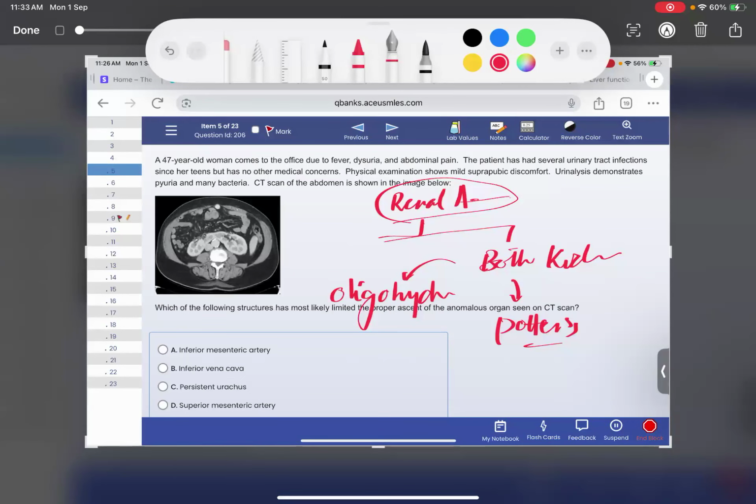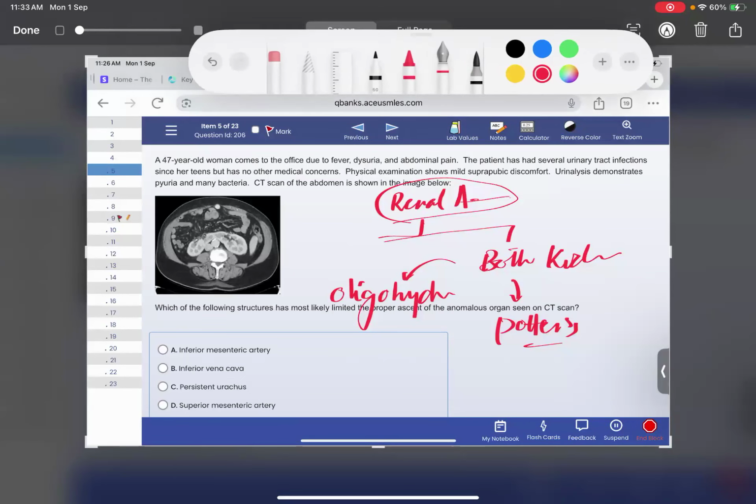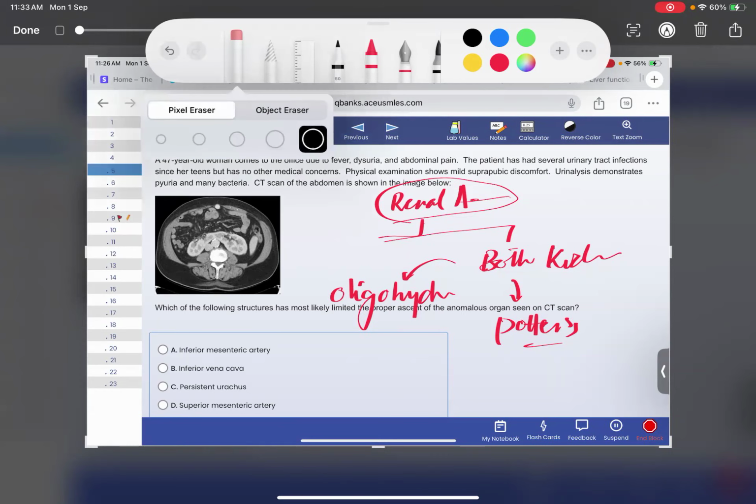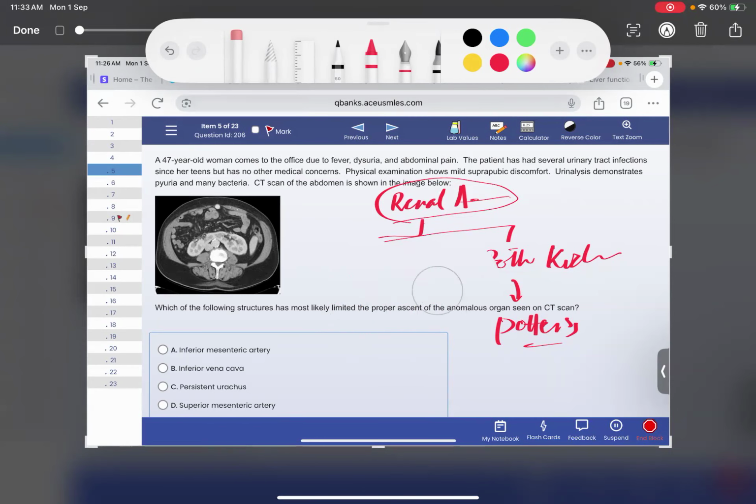We are going in order, so you will be remembering all the sketch, right? I am going from basic to development, then agenesis, then bilateral kidney agenesis, then oligohydramnios, then Potter's, right?